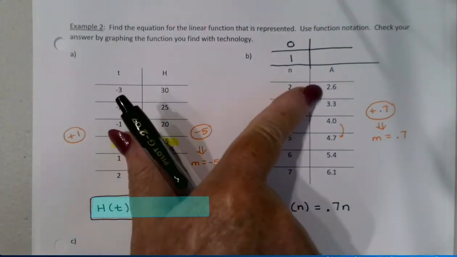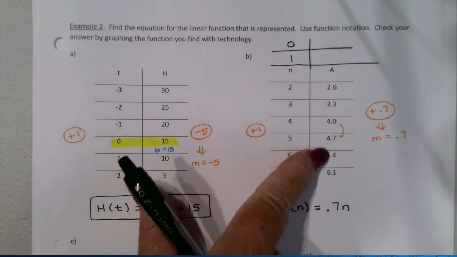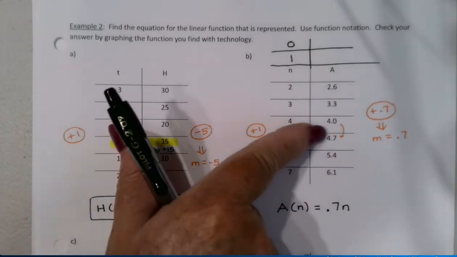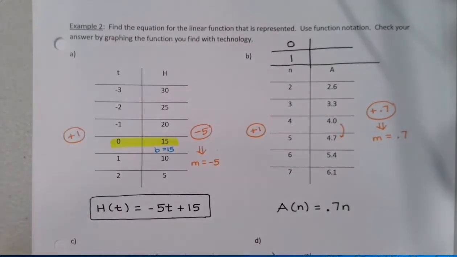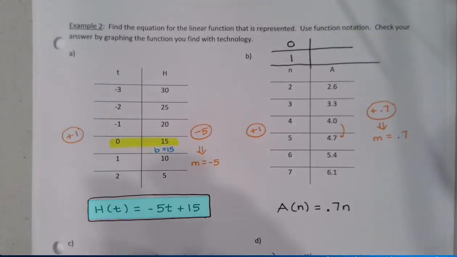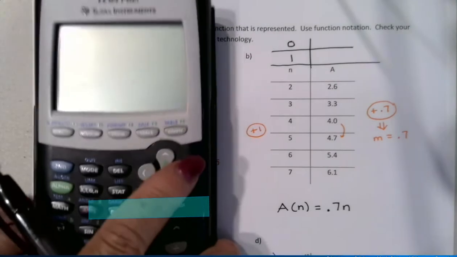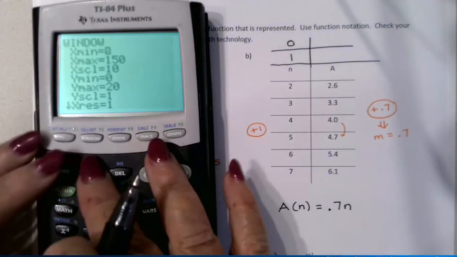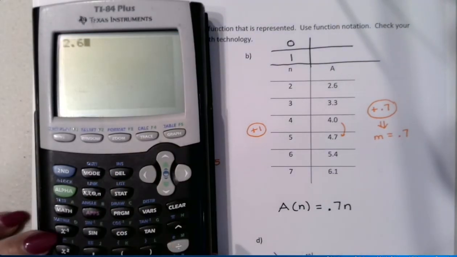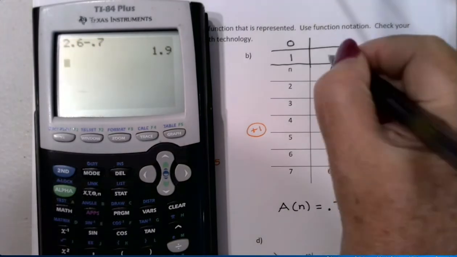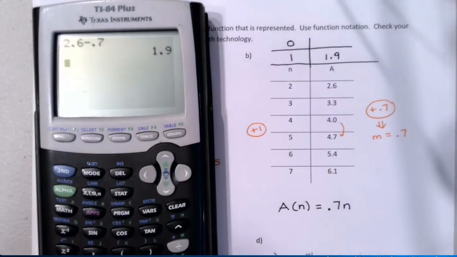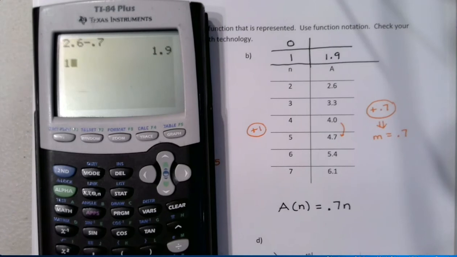And if my numbers this way are going up by 0.7, then to go backwards on the table, I'd actually have to subtract 0.7. Okay? So I would have to say 2.6 minus 0.7 should be 1.9. And then 1.9 minus 0.7 should be 1.2.